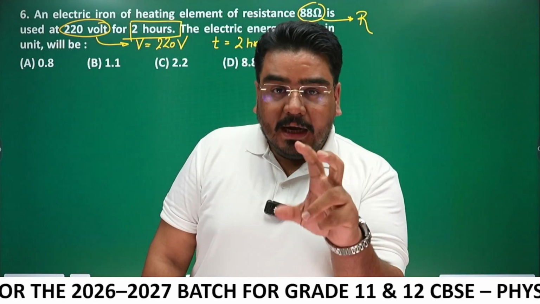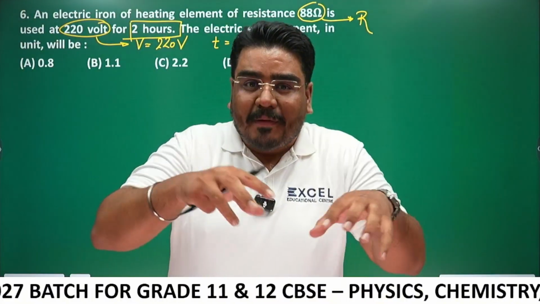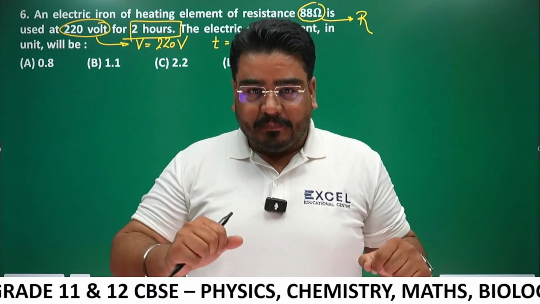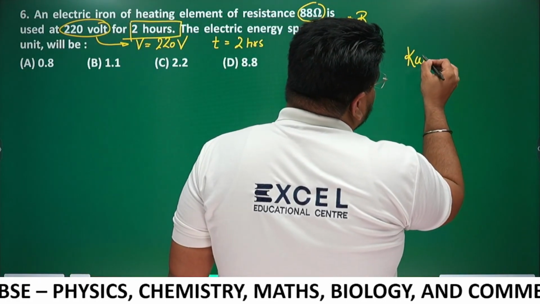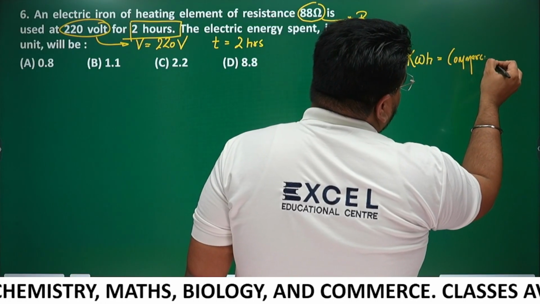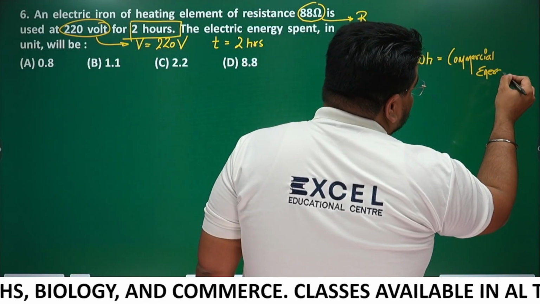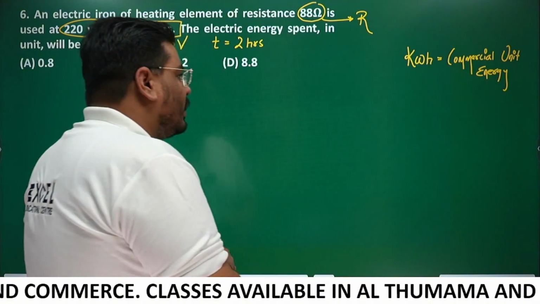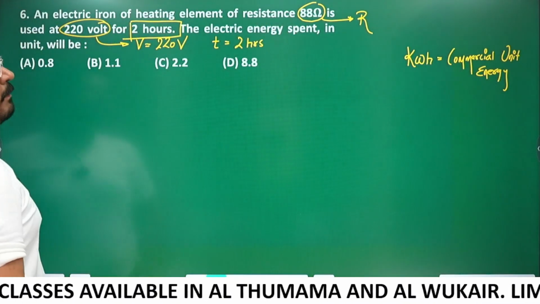Joule. But the commercial unit in which electricity is received by different households in India is kilowatt hour. Remember this, that the kilowatt hour is the commercial unit of energy. And if you have the commercial unit of energy as kilowatt hour, I think we should always go for the same method, because they have given me the resistance, they have given me the voltage.